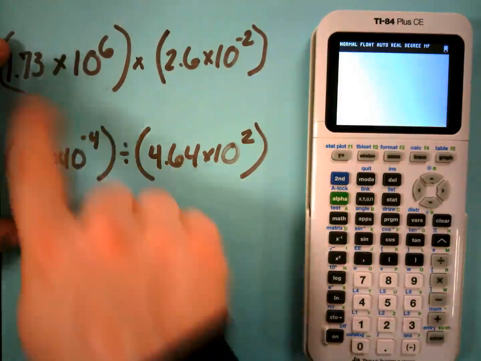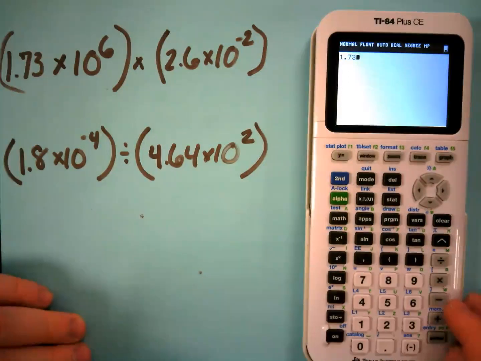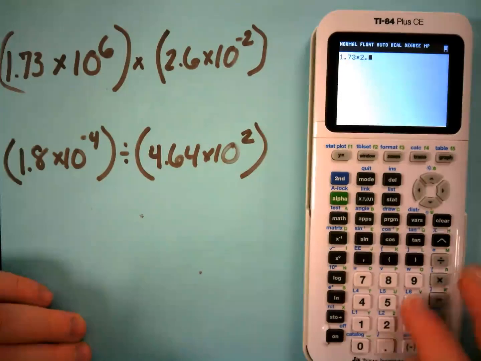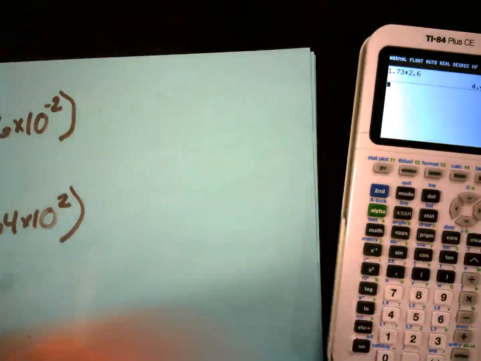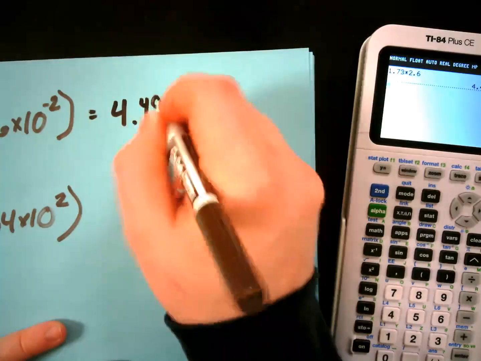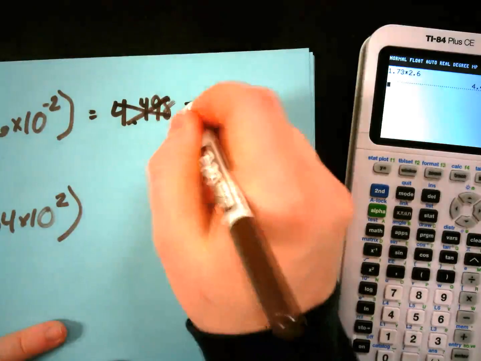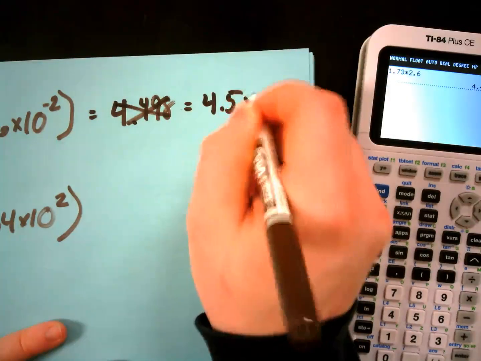Starting up here with this answer first, 1.73 times 2.6 is going to give me 4.498, which needs to be, because of 2 sig figs, 4.5 times 10.